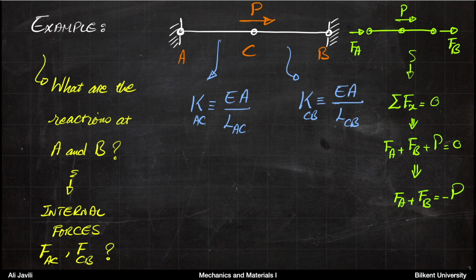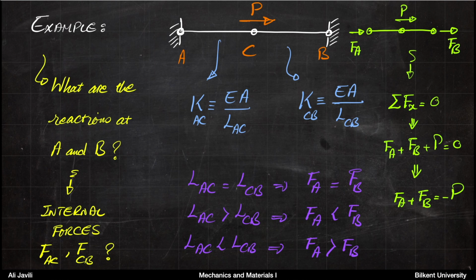All right, so we start exactly like we did before. We just draw the free body diagram, and then you write the sum of the forces in x direction is 0. So you get this equation, Fa plus Fb equals minus P, and that is our first equation.